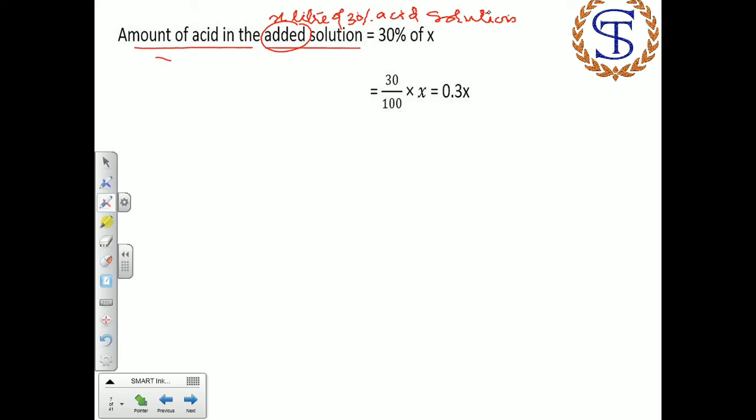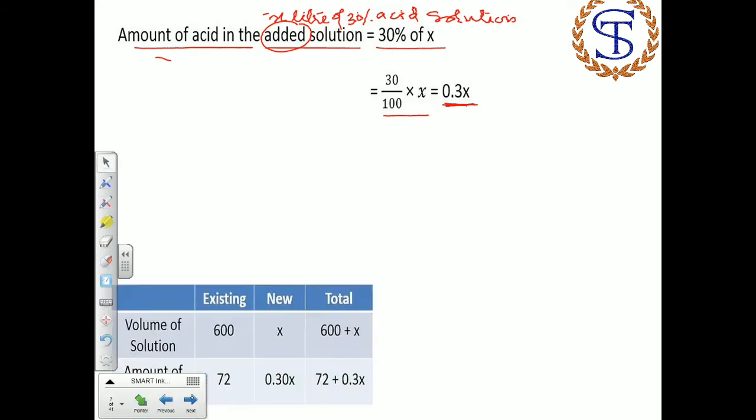So in this x liters we have only 30% acid. It means 30% of x, it is 0.3x. This is the net acid content in the 30% acid solution.